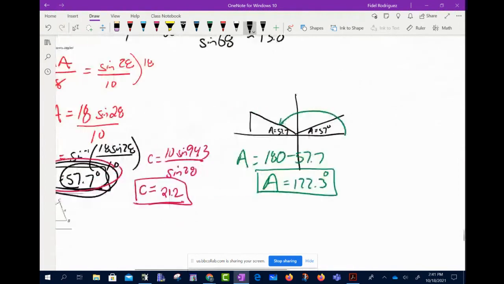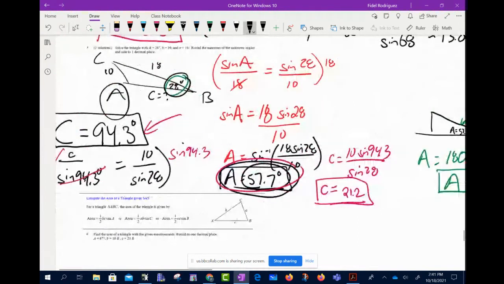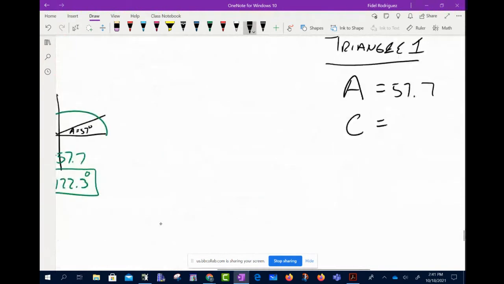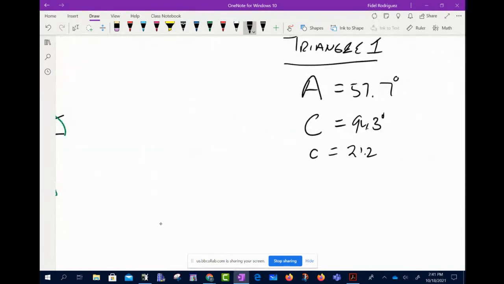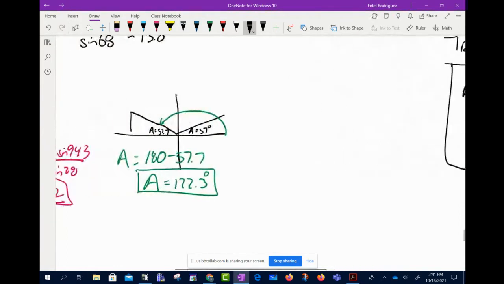We found angle C to be 94.3. And we found side little c to be 21.2. Okay, so here's my first triangle.